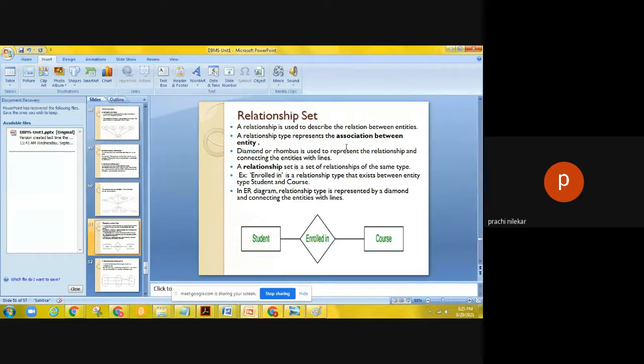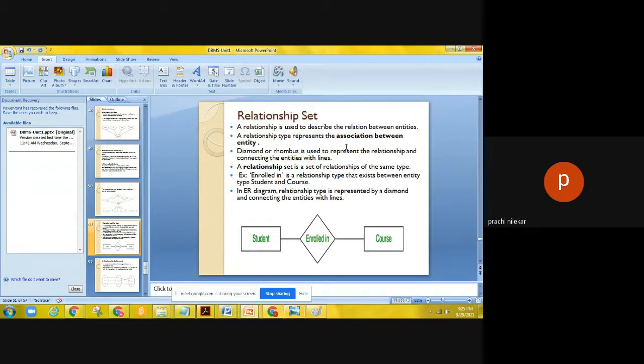In a database, the entities are related to each other. That's why we call it a database. If you remember the definition, a database is a collection of data which is interrelated with each other. There should be a relationship between them.